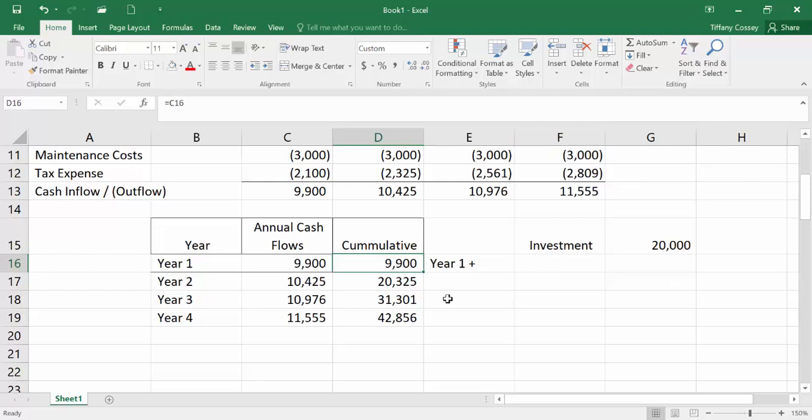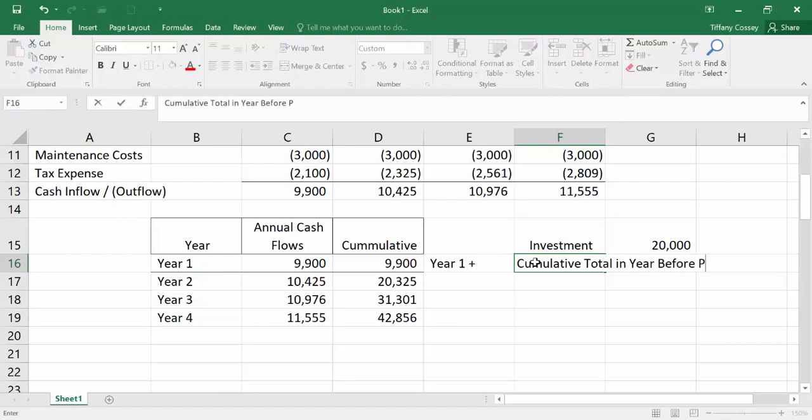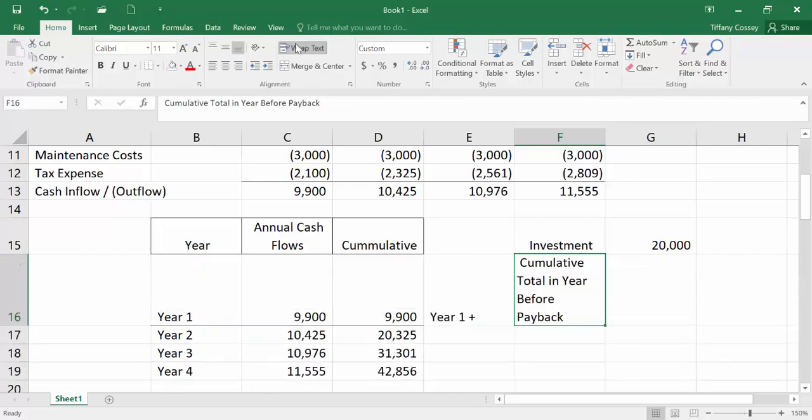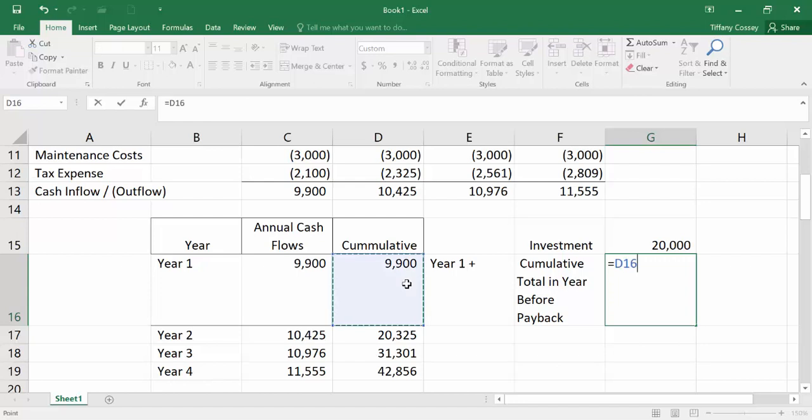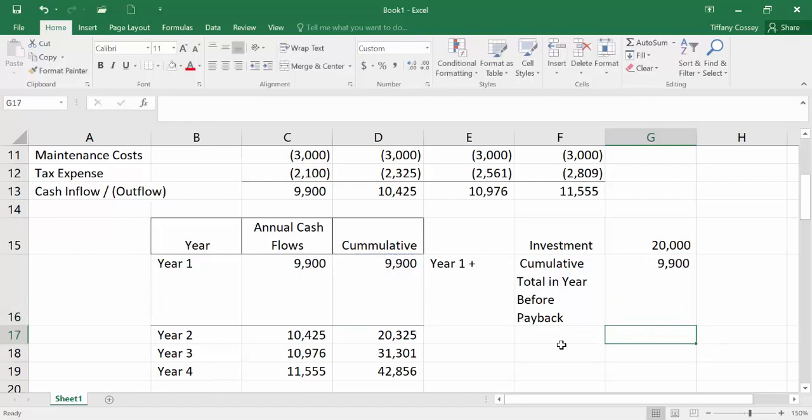So in this case, we're going to subtract out the amount from year one. So I'm going to pull that from the cumulative amount, and I'm going to calculate the difference.